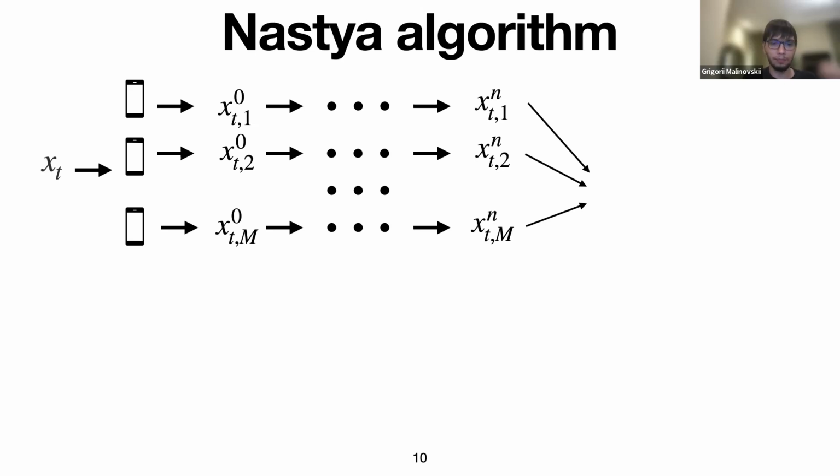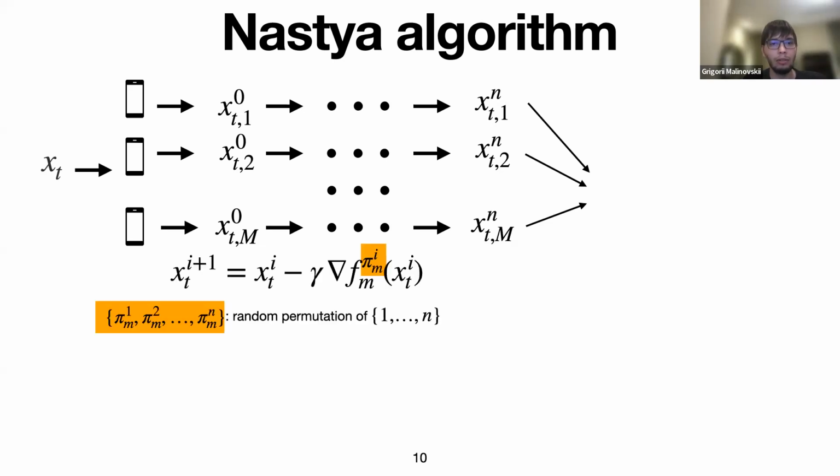The server sends the model at the beginning of each epoch, and we use the same technique. We use the random reshuffling update rule, but we have a different aggregation step here.